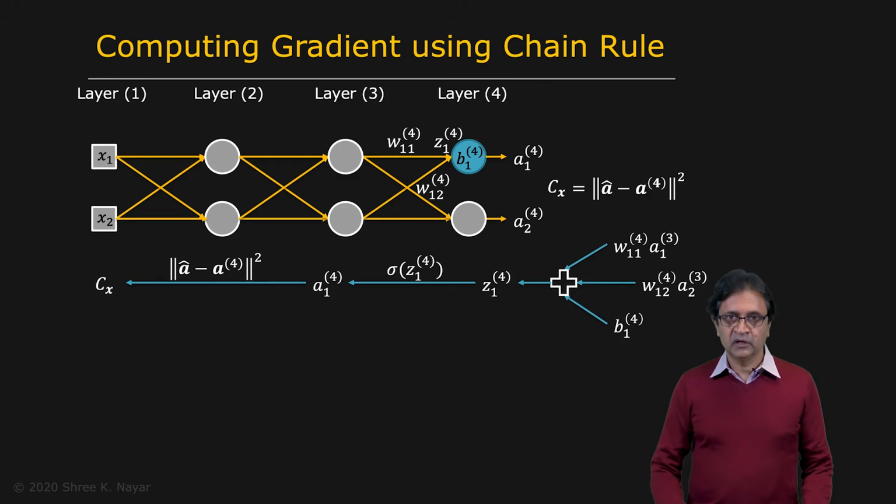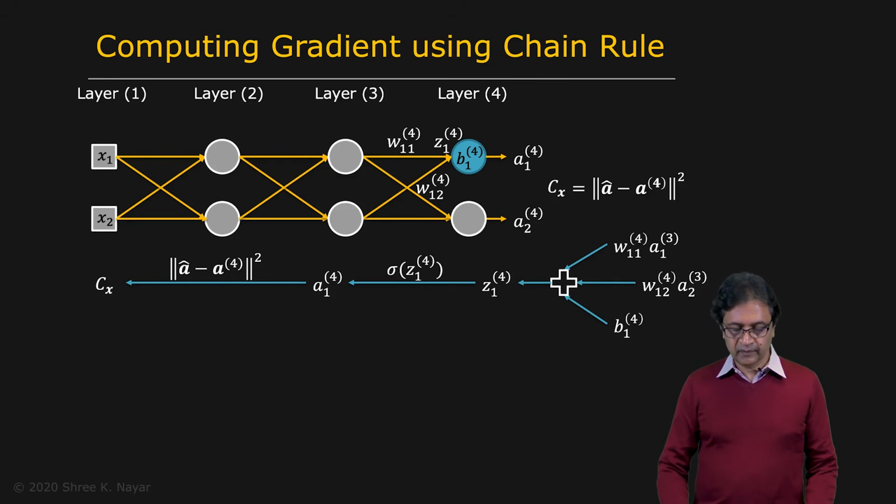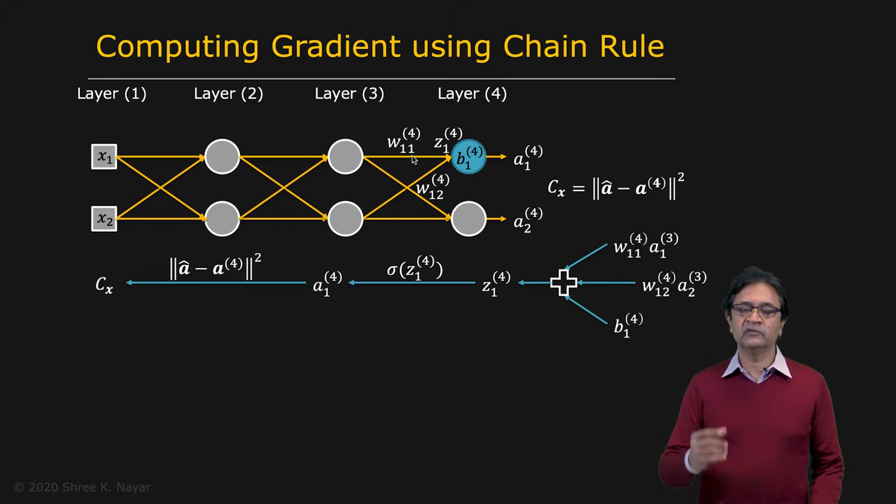Let's say we wanted to pick one parameter, and let's say that parameter is W114. We want to find the derivative of the cost with respect to W114.